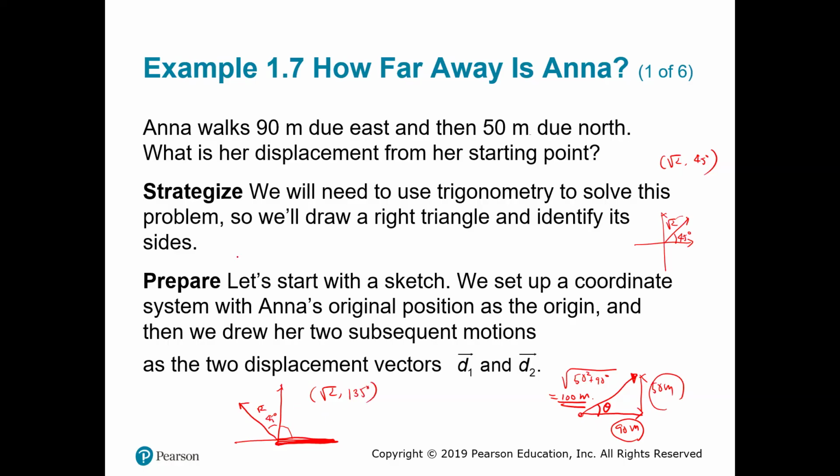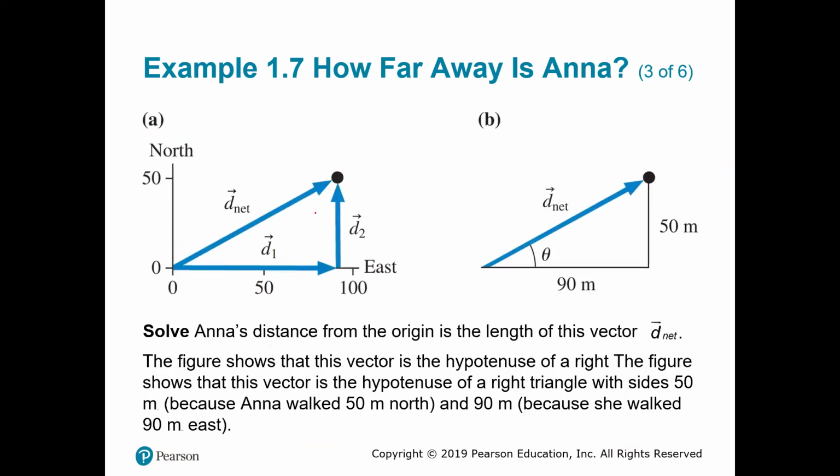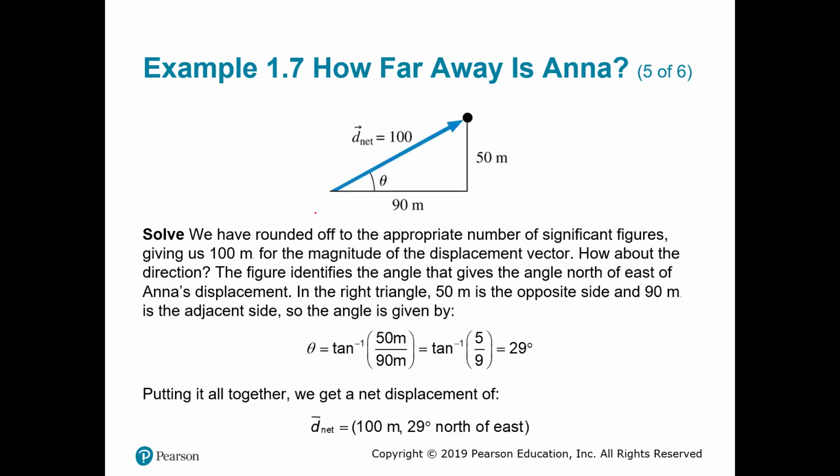So in order to find this displacement, you need both magnitude and angle. How do you find the angle? Here, you can use the inverse tangent function. In general, what is tangent theta?